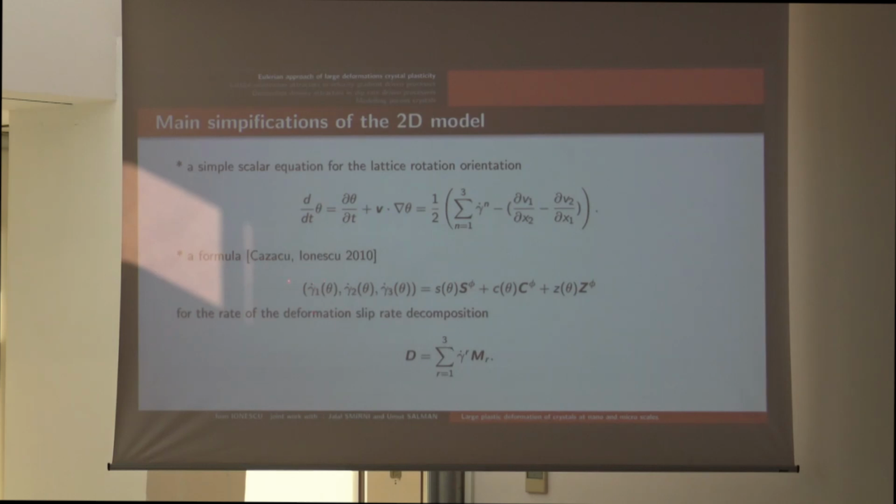The other main simplification is that we have a formula. We don't have to minimize this energy with this constraint at each time step, at each point. We have a formula which gives you directly the slip rates as a function of the angle theta in the slip rate decomposition.